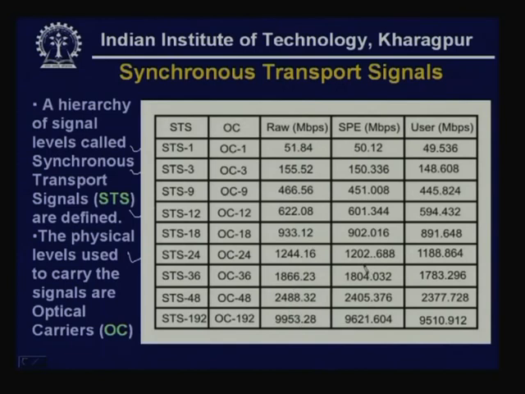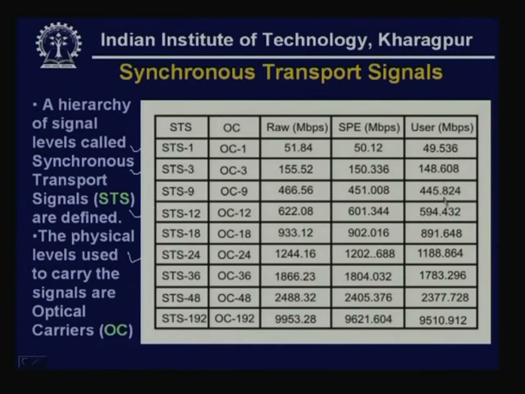First of all, as we shall see, out of this 51.84 megabits per second in STS1, the synchronous payload envelope is only 50.12 megabits per second, and out of which there are some overheads like section, line, and of course path overhead is covered here. If you exclude these overheads you get the payload of only 49.536 megabits per second.